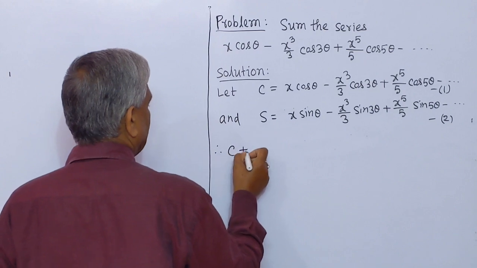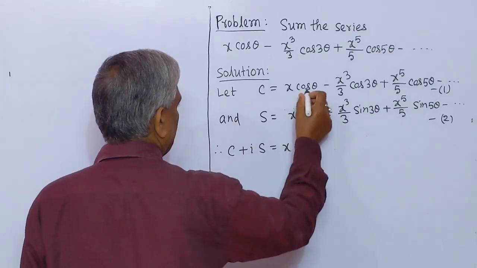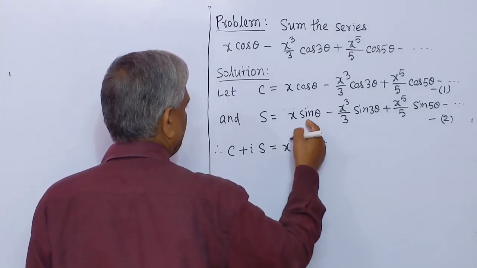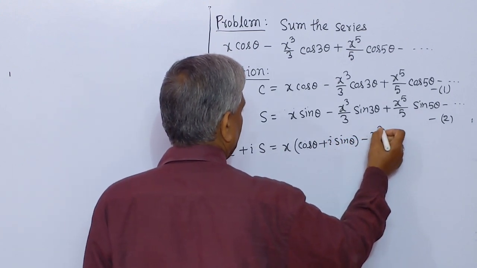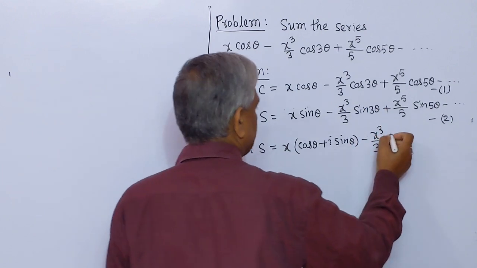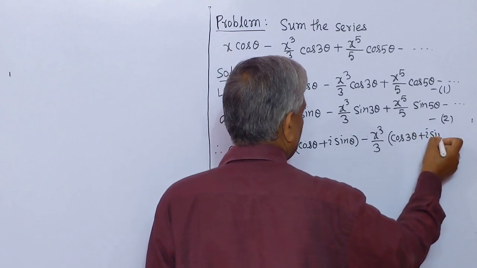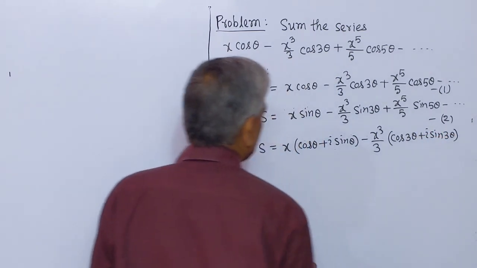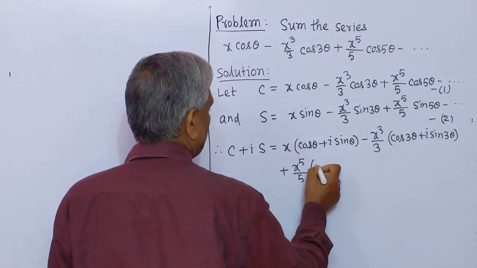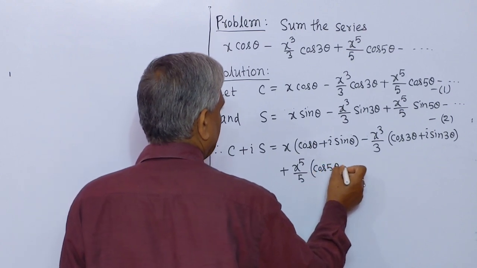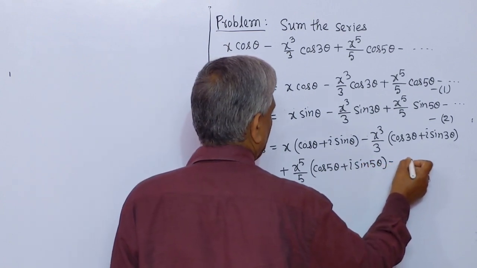Therefore, C plus iS equal to x, here cos theta plus i sin theta, minus x cube by 3, here cos 3 theta plus i sin 3 theta, plus x to the power 5 by 5, cos 5 theta plus i sin 5 theta, minus dot dot dot.